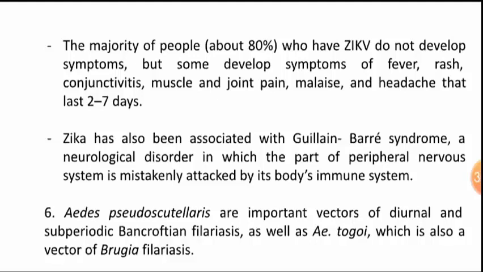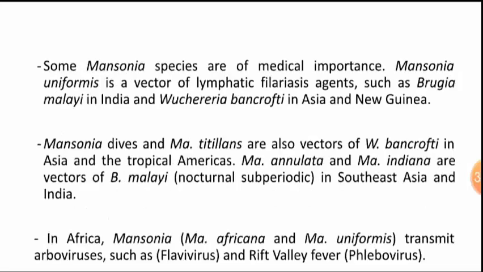Also, Aedes transmit filariasis, as well as Brugia filariasis. Aedes togoi. Some Mansonia species are of medical importance. Mansonia uniformis is a vector of lymphatic filariasis agents, such as Brugia malayi in India and Wuchereria bancrofti in Asia and New Guinea.